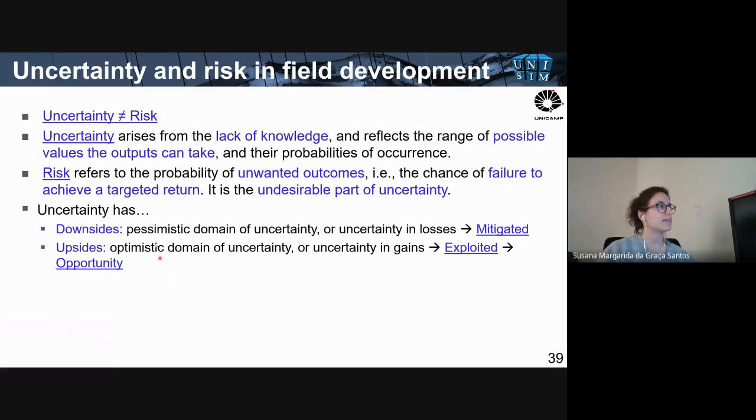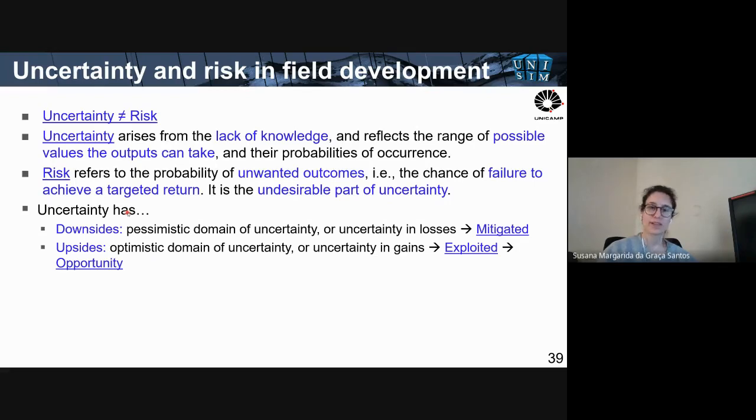So, I'm saying that the risk is a part of uncertainty, or can be, depending on the range of uncertainty, because uncertainty can have that part of the risk, which would be like the pessimistic values of my reservoir, but it can also have what we call upsides, okay, meaning that it's the optimistic side of the curve.